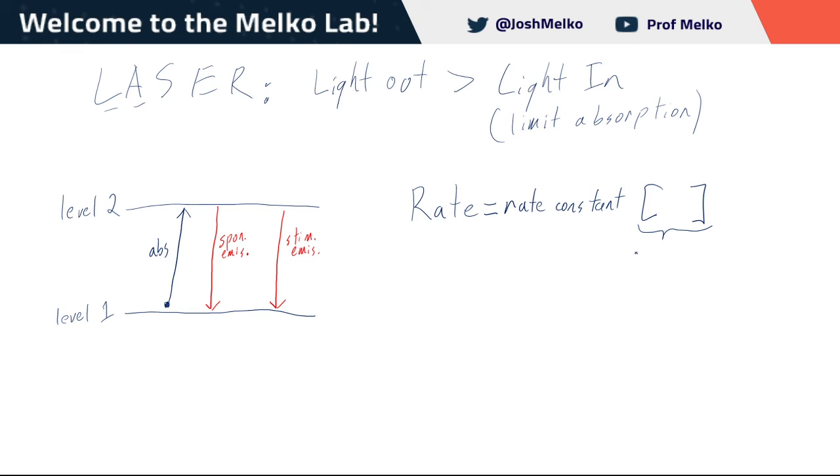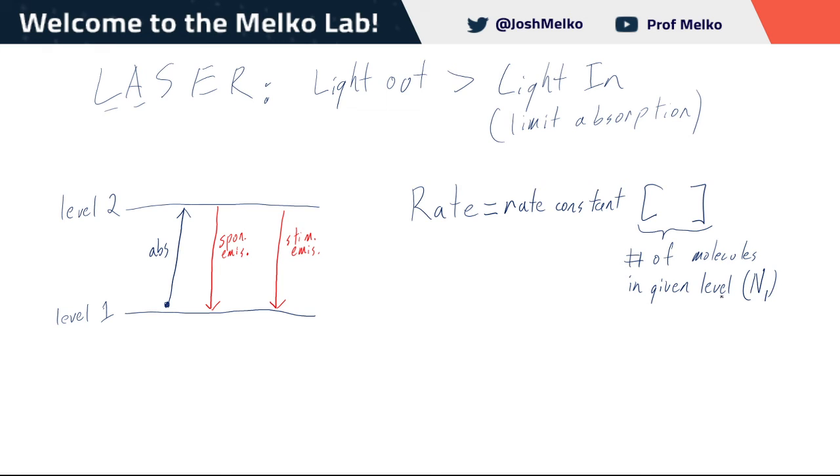So it's not really a concentration in terms of molarity or moles per liter, but instead this is going to be a number of molecules in a given level. And so we'll refer to this as capital N, the number of molecules, N1 in level 1, for example.